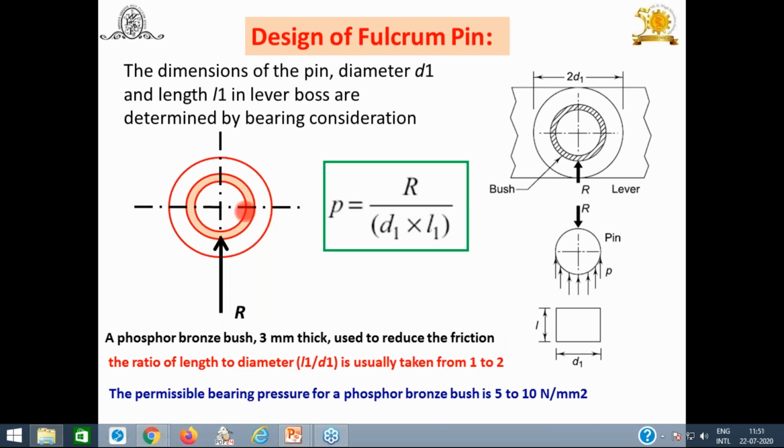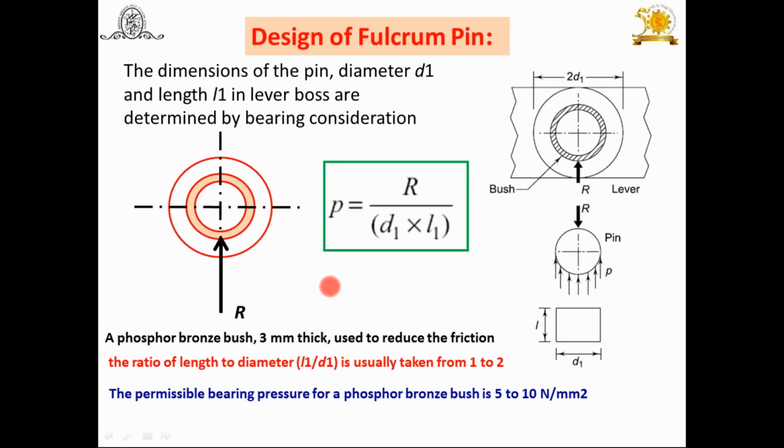Then how do we design it? This pin has diameter D1, and if you observe from the top, you get the length of the pin towards this side. This is L1. That means the dimensions of the pin are diameter D1 and length L1. Try to understand. In the earlier slide, I am going back here.